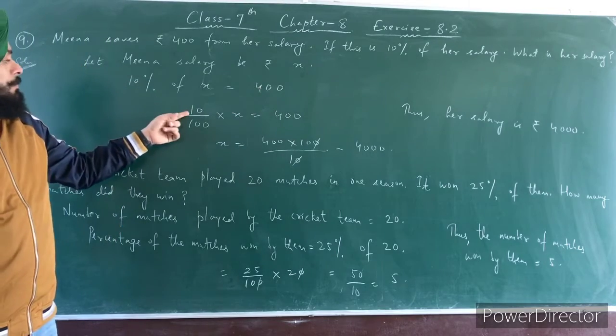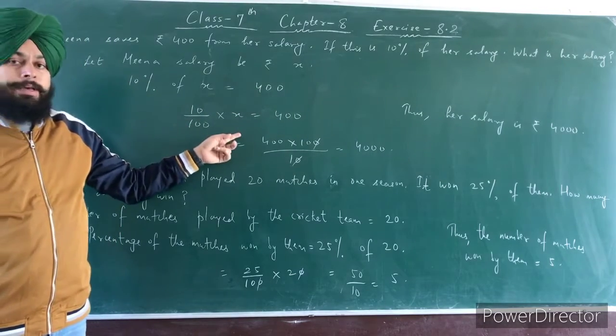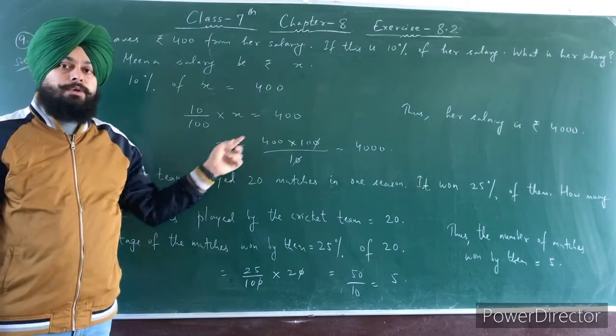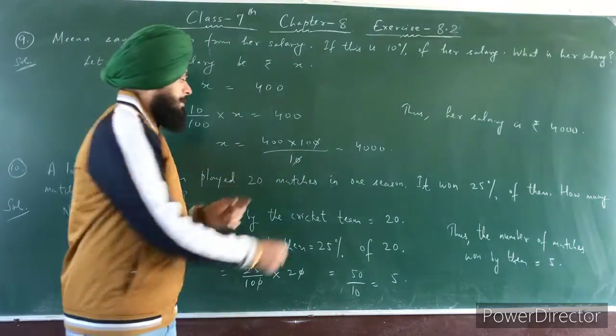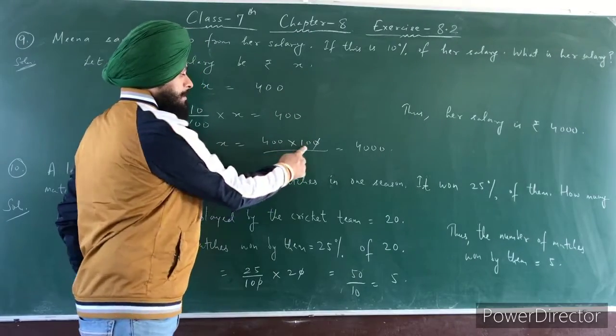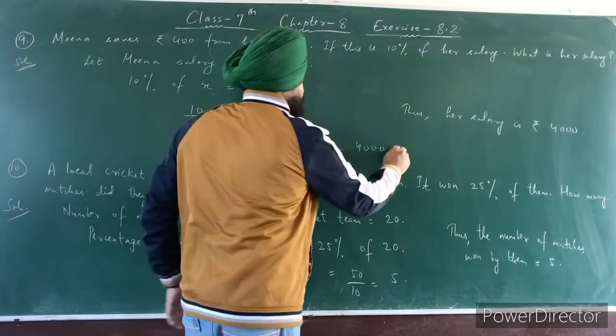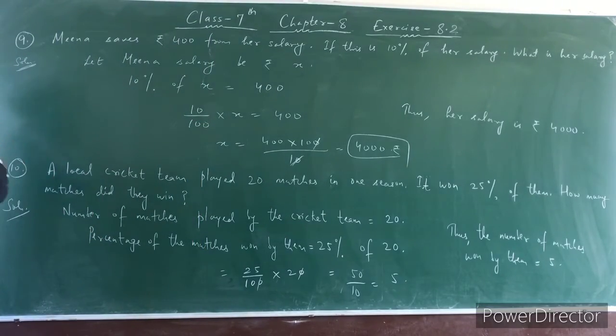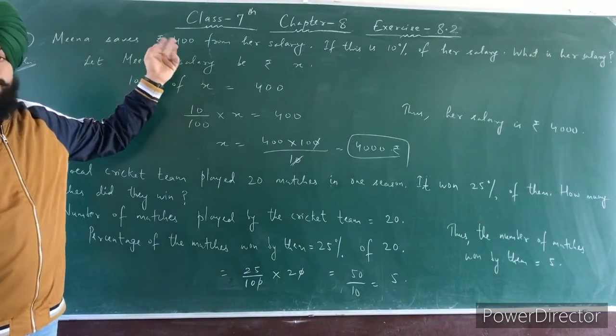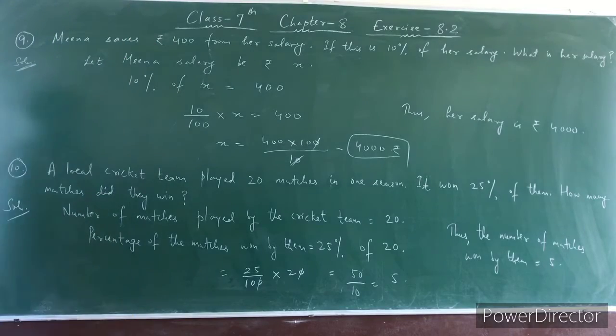So 10% of x is 10 by 100 into x, equal to 400, or x is equal to 400 multiplied by 100 divided by 10. Now you should cancel the 0. So 400 times 10 is 4,000. It means 4,000 rupees is Meena's actual salary, out of which she saved rupees 400.